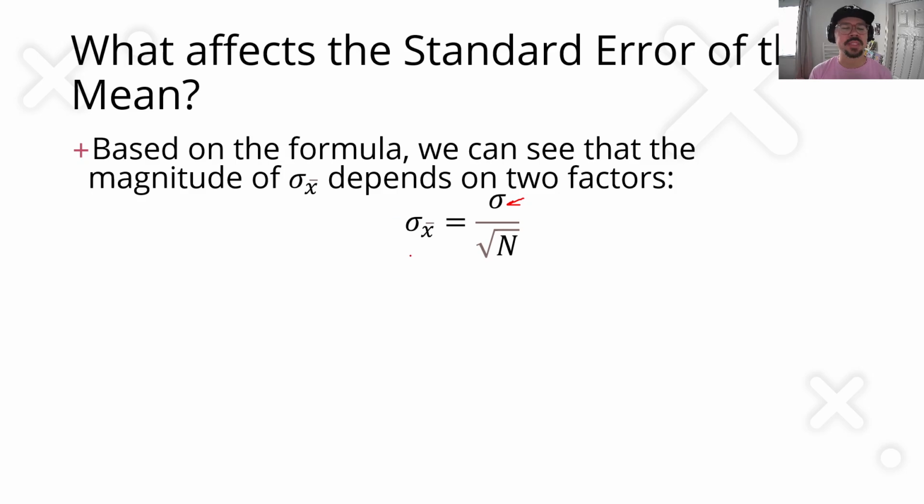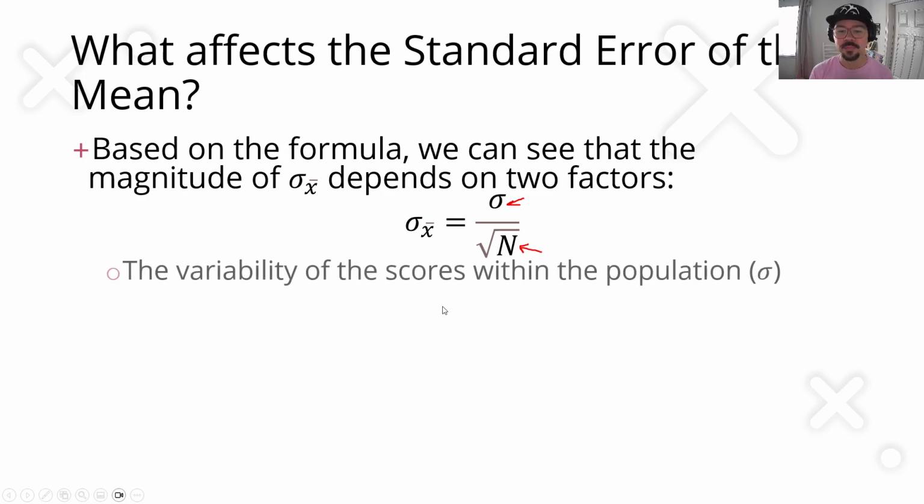What will also determine the magnitude of the standard error of the mean is our sample size. So the variability of scores within the population, which is what the standard deviation represents, and the sample size both influence the size of the standard error.